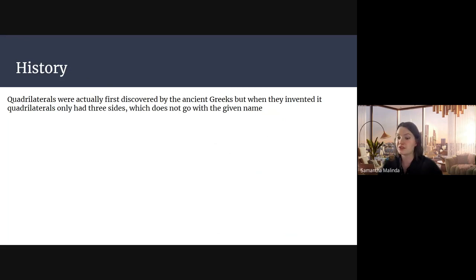Quadrilaterals were actually first discovered by the ancient Greeks when they invented it with only 3 sides. Now, that doesn't really go with the given name that we know today, but we know that they had an idea of what a quadrilateral was. They just were more stuck on the triangle per Pythagoras and the Pythagorean theorem and so forth.